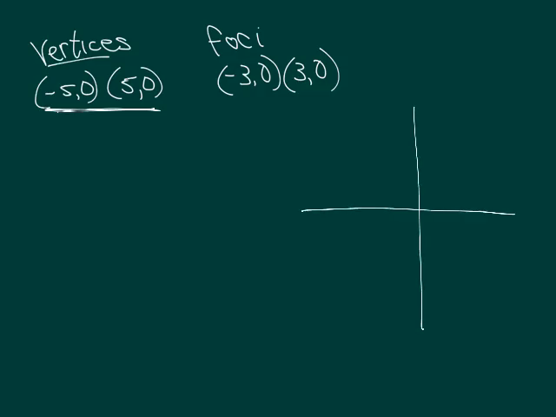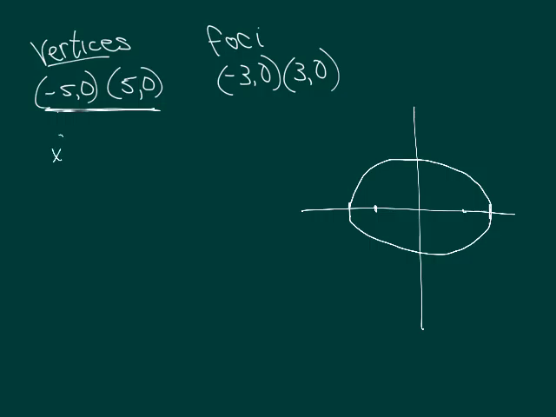So our 5 and -5 are going to be our vertices. And we know our vertices are at the endpoints of our major axis. So I know it's going to look like this, longer horizontally. My foci are at -3, 0 and 3, 0. I can graph it, but they want me to find the equation.